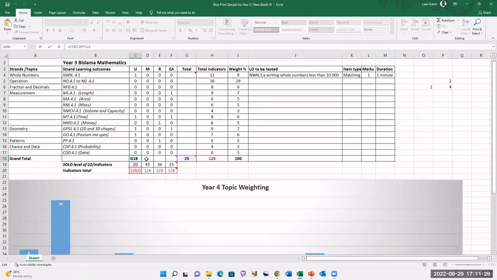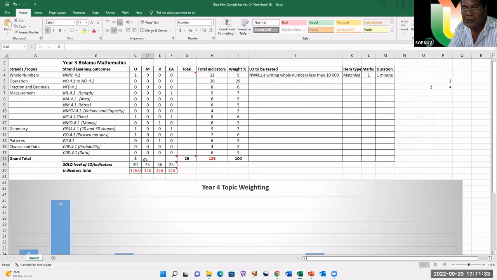Now I can do it for the other three, that is for multistructural, relational and extended abstract. And we can make a shortcut for the Excel formula. We know that C19 and C20 are always repeated in the calculation. So we highlight these two and press F4 on your keyboard.